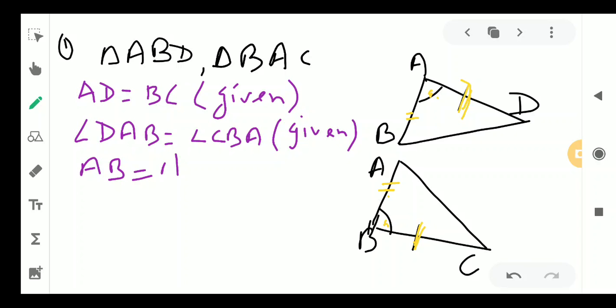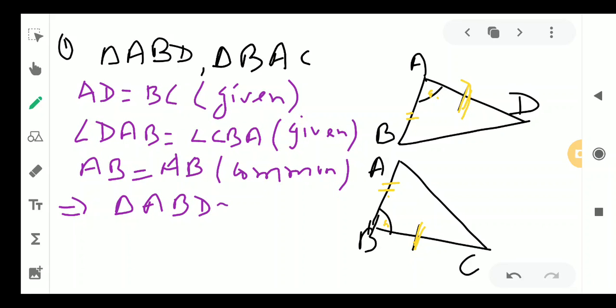AB equals AB, that is common. So this implies triangle ABD is congruent to triangle BAC by SAS criteria. So this is the first part we have done.